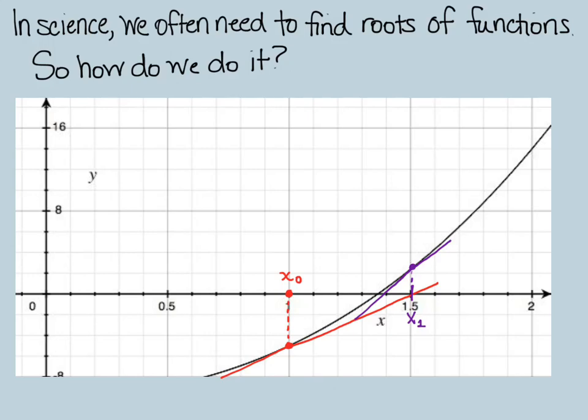Where this tangent line crosses the x-axis is my new guess, which this time I'm going to call x2. Notice that again x2 has gotten us slightly closer to the actual root. And we can keep going with this process until we get as close as we want to the actual root. This process is called Newton's method, and it is named after Sir Isaac Newton, who we discussed in a previous video.